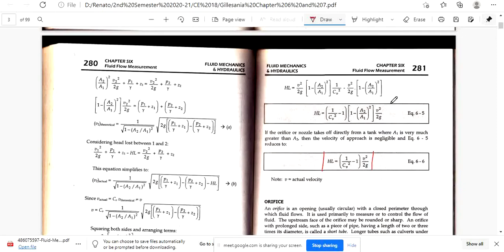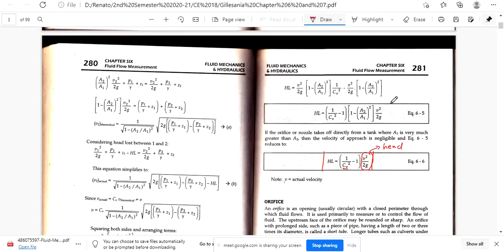the velocity. So take note that the actual velocity here is the actual velocity, so it is the coefficient of velocity. So, 1 over CV squared minus 1 times the quantity V squared over 2g. Remember that this value here is also equal to the head. Okay?